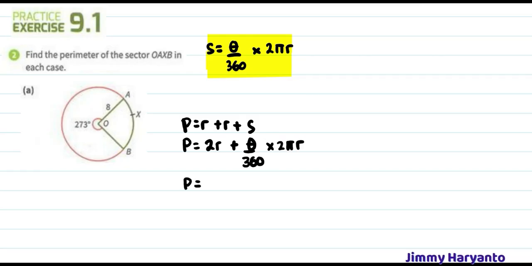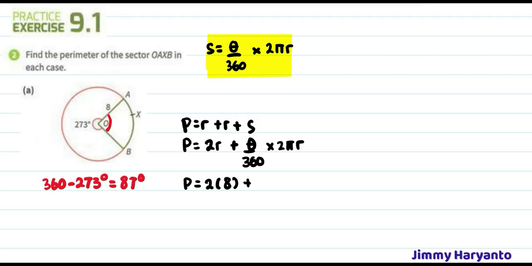Okay, just input the data. We have radius equals 8, so 2 times 8 plus the theta is, oh no, we don't have the theta, guys. We have to find OAXB first. So 360 minus 273 will be our theta, and it is 87 degrees.